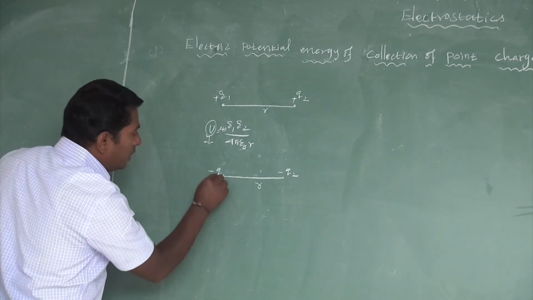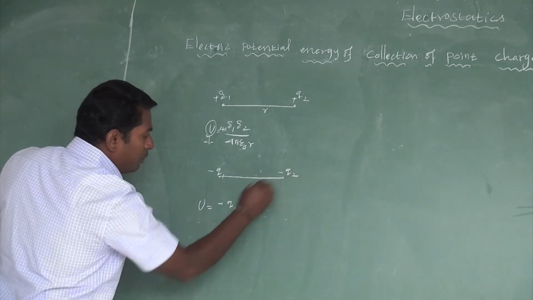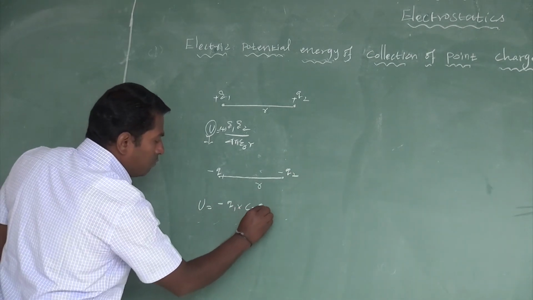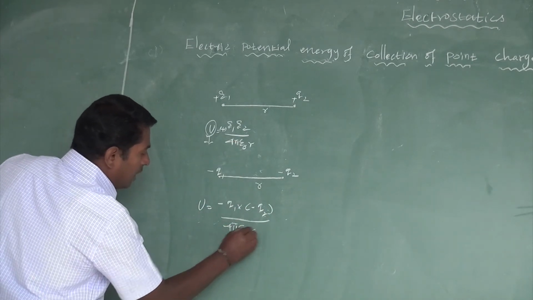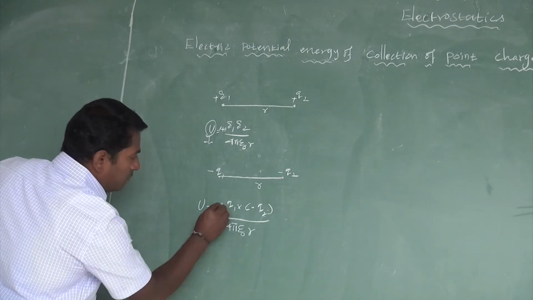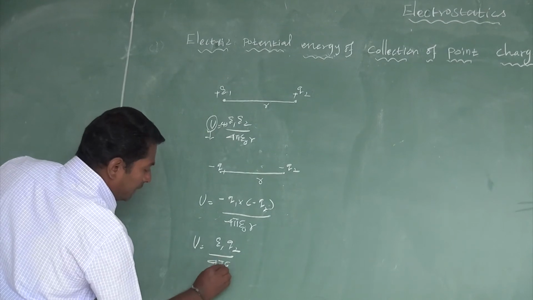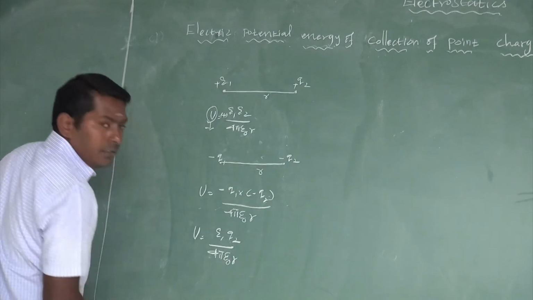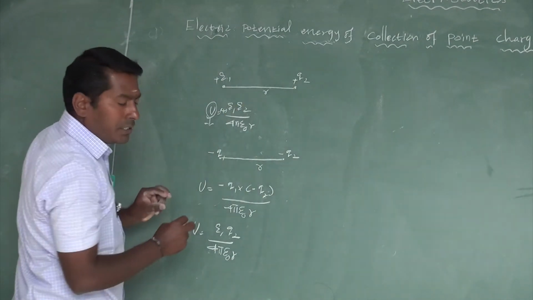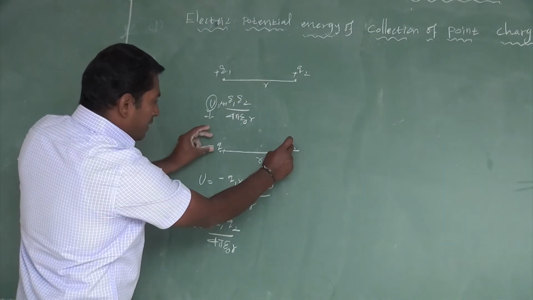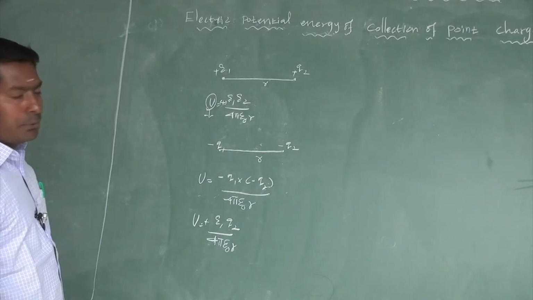U equals minus Q1 times minus Q2 divided by 4 pi epsilon naught r, which is minus into minus plus, so U equals plus Q1 Q2 divided by 4 pi epsilon naught r. So for like charges, positive positive or negative negative, the electrostatic potential energy is positive.